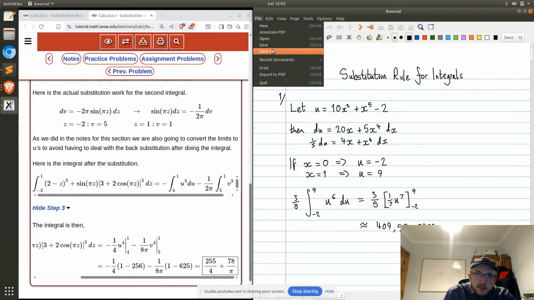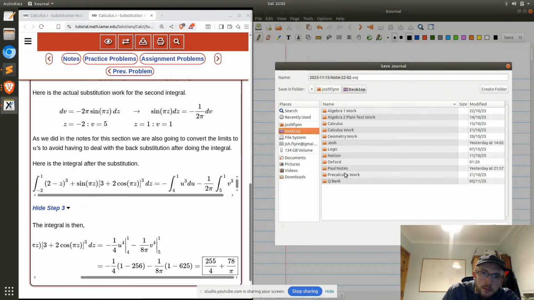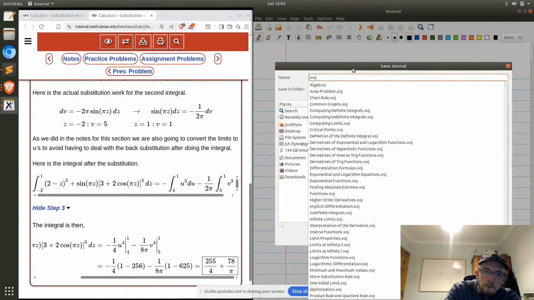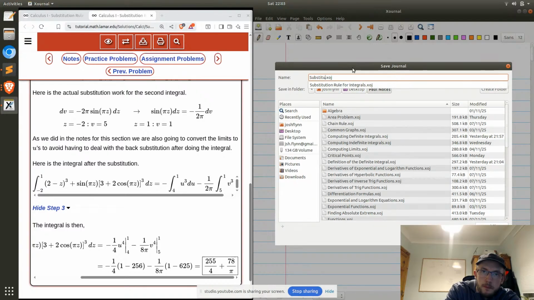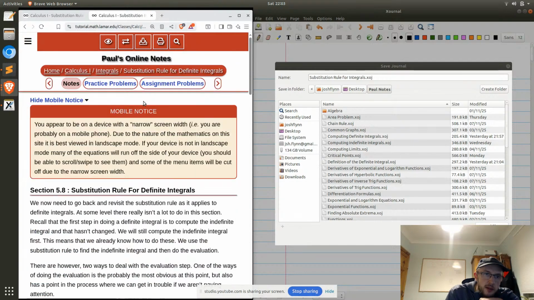Okay, so that was substitution rule for integrals. Oh no. Is this like a continuation or something? I didn't do this yesterday.